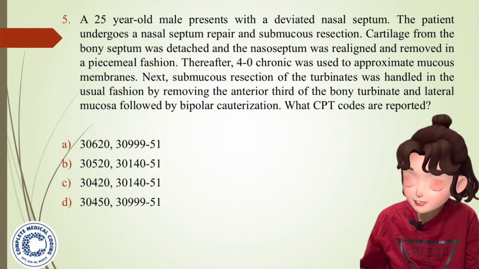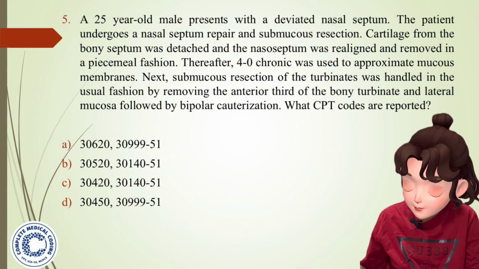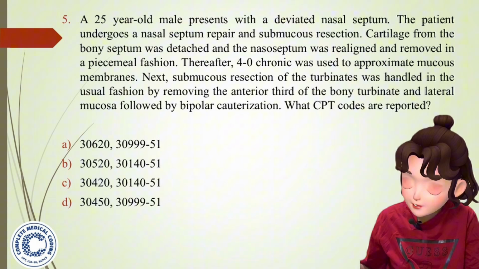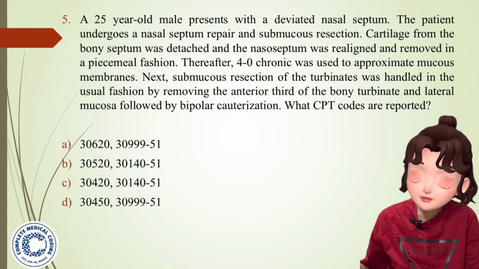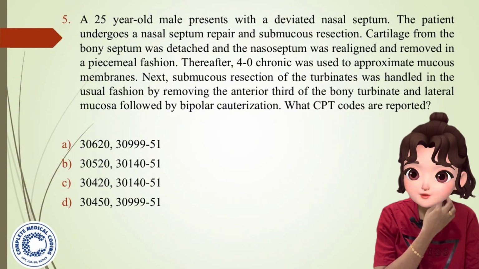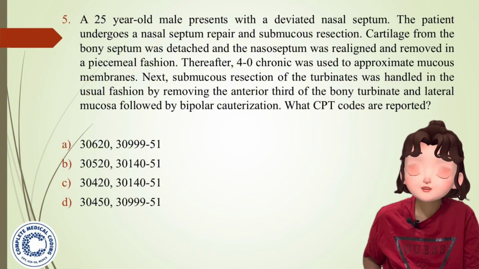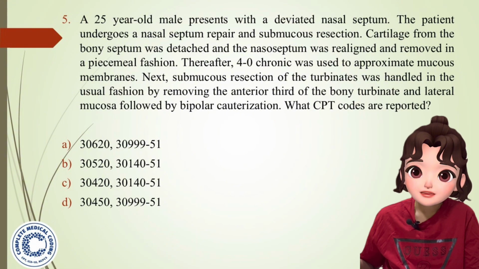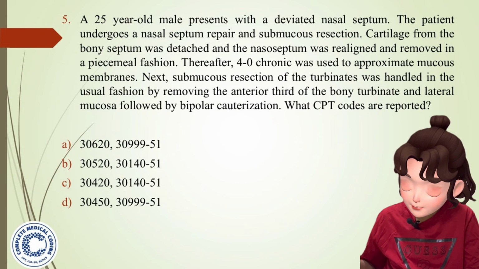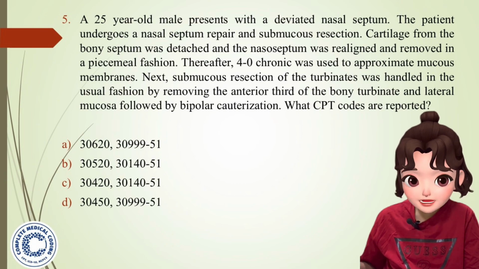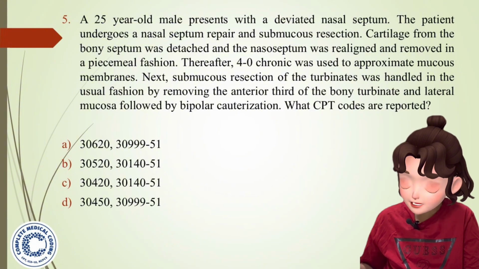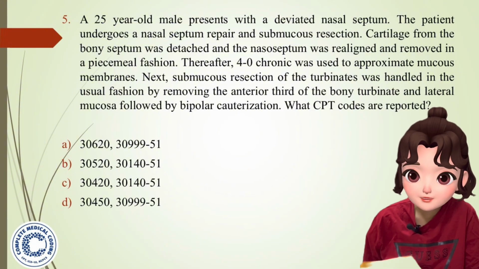What is 30420, option C? It is primary rhinoplasty. This is not rhinoplasty. This is septum repair. Septum repair means septoplasty. Then 30450 in option D. That is secondary rhinoplasty. This is not rhinoplasty.